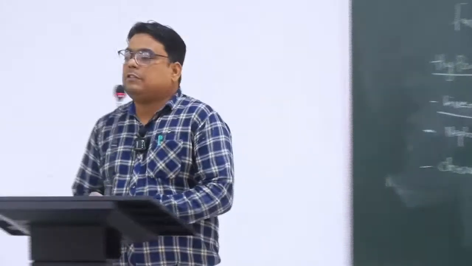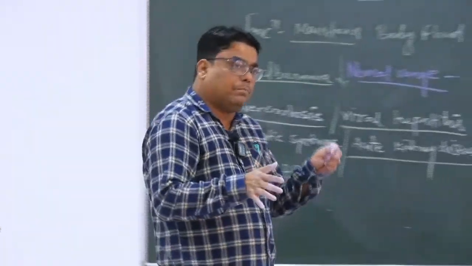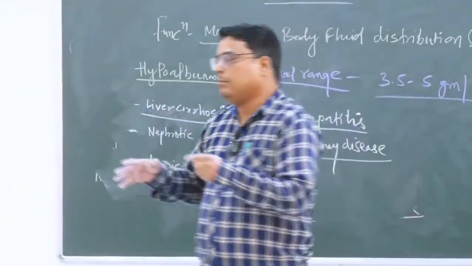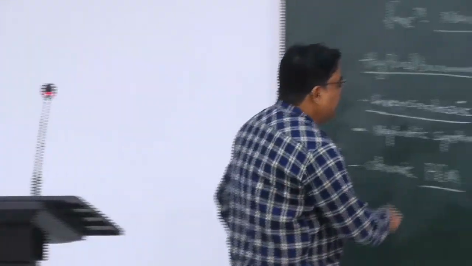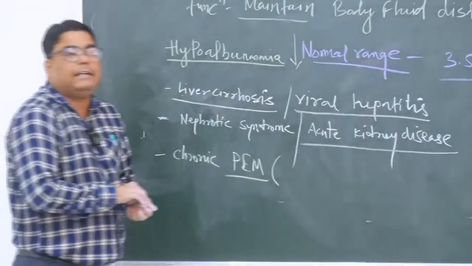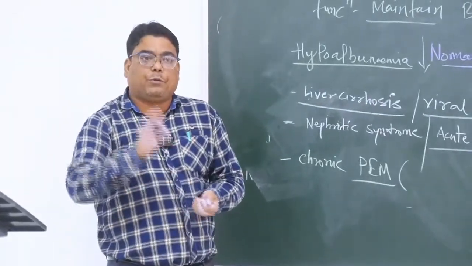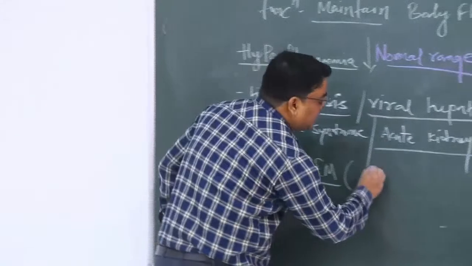Chronic PEM means protein energy malnutrition. Due to some socio-economic conditions, you will see some of the children are deficient in calories and deficient in proteins. These children we categorize mainly into two diseases. First one is Kwashiorkor.